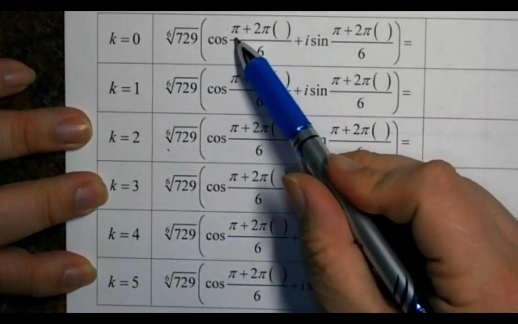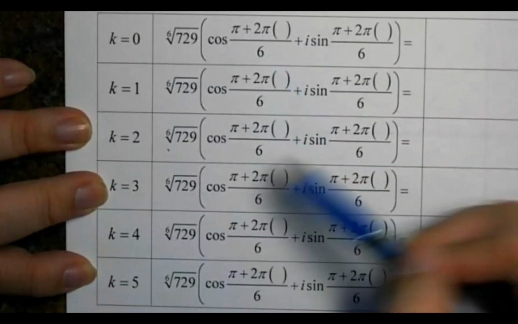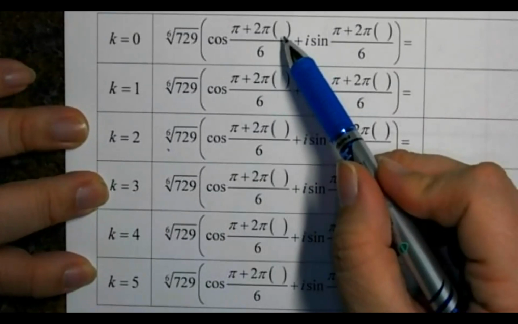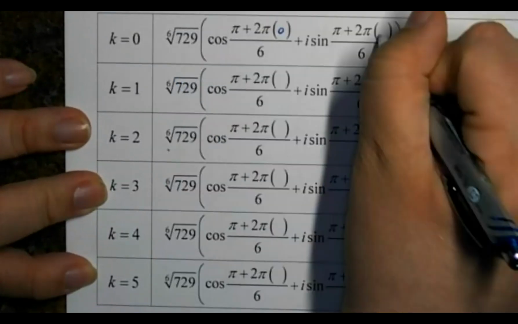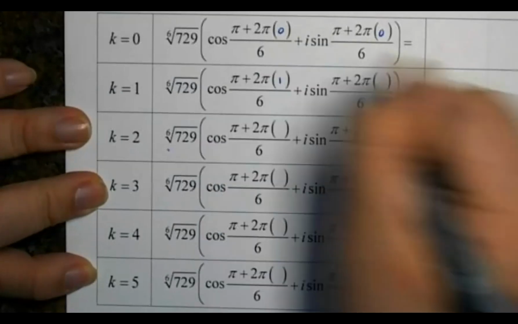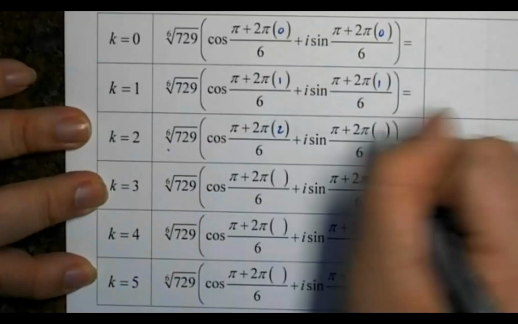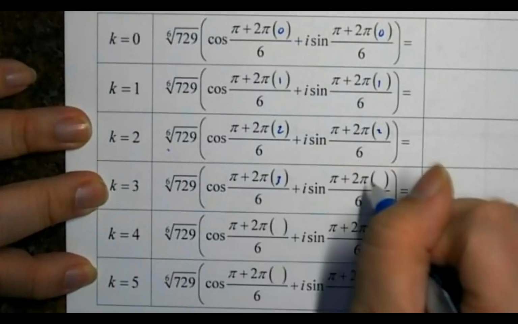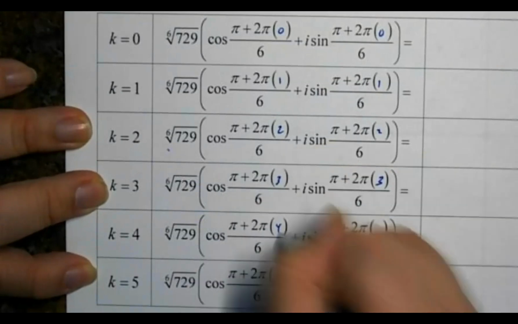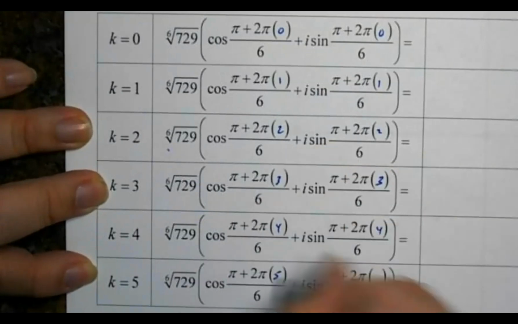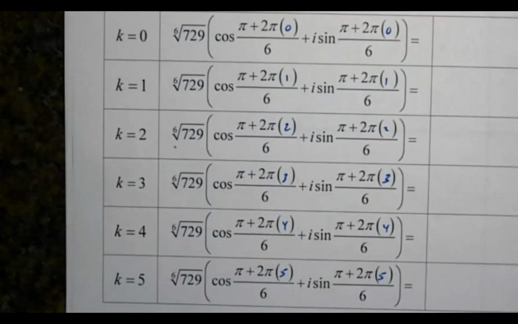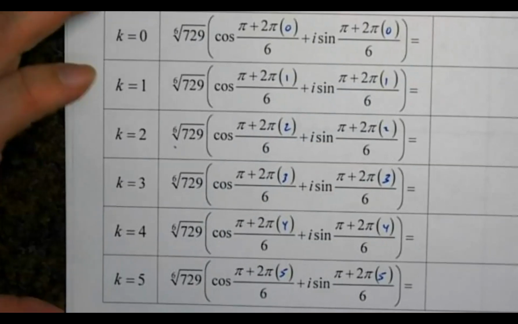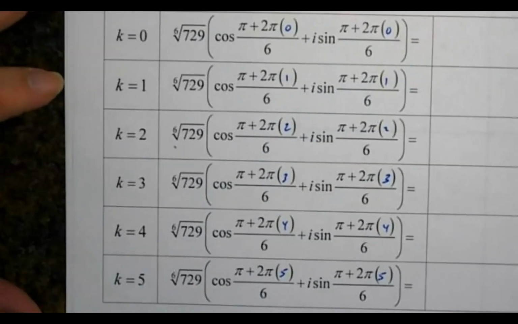Here's our angle theta each time, plus 2 pi k. Now what's k? We're going to fill these values in: 0, 1, 2, 3, 4, and 5. That's your first step. Fill out these formulas. Sixth root, there should be 6 roots, 6 equations you have to work with. So here they are.